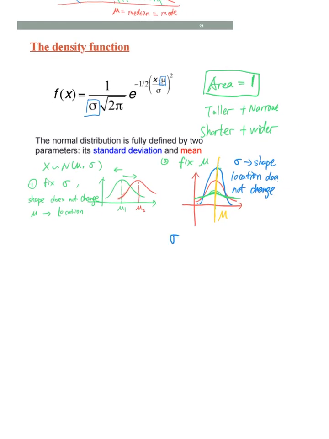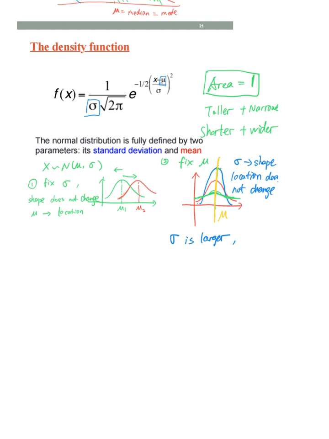If our sigma value is larger, sigma value, that is standard deviation, right? Standard deviation represents the spread of the data. So that means it has bigger spread. That means our bell-shaped curve should be wider, right?